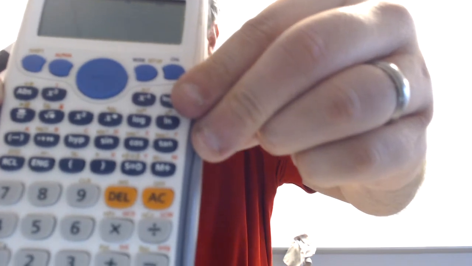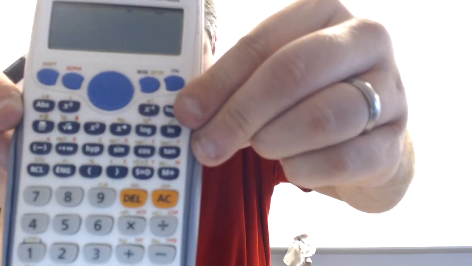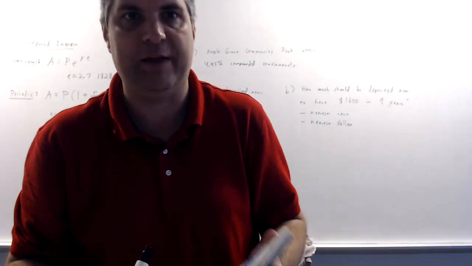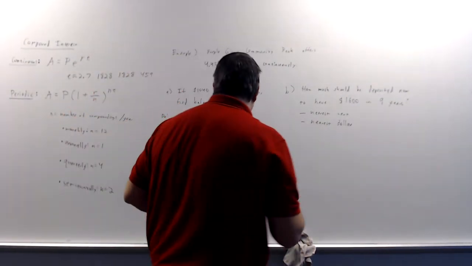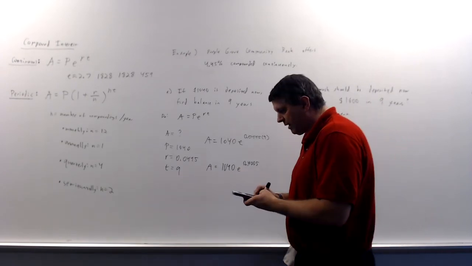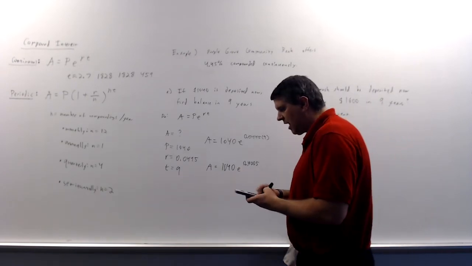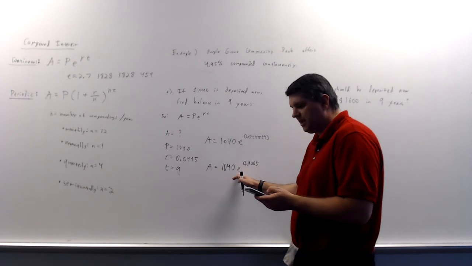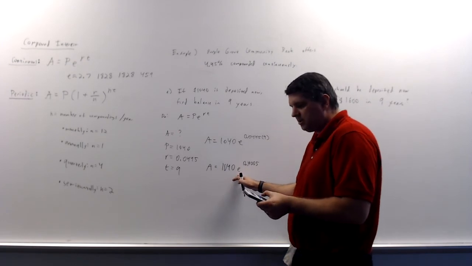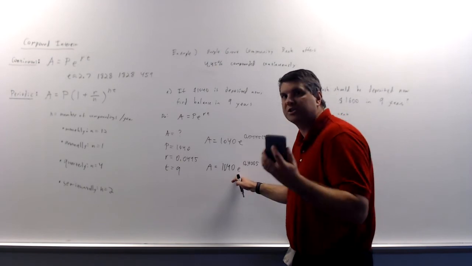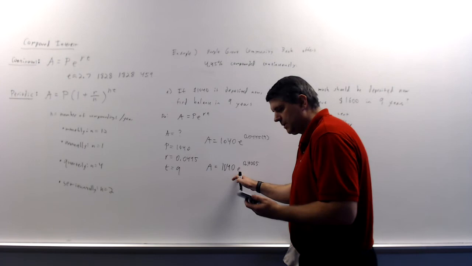Now I can't get this thing to focus. But above it you should be able to find e to a power if you hit shift or second. So, for me, I would just type in 1040 times shift or second, depending on what your calculator says, ln. So again, 1040 times shift or second ln. Okay?